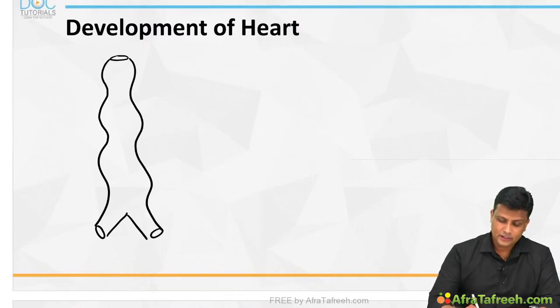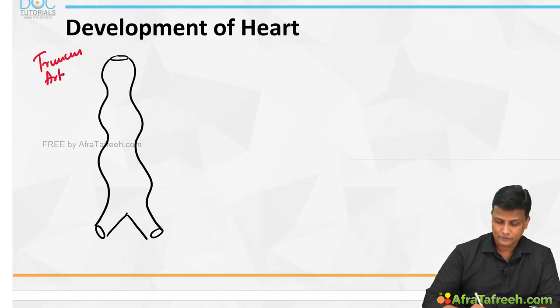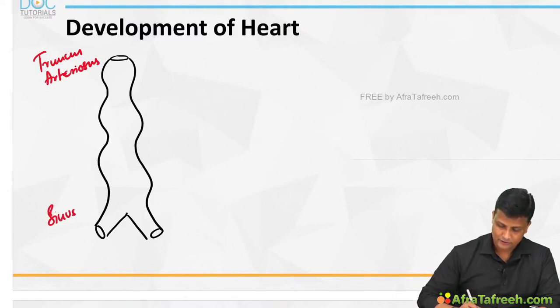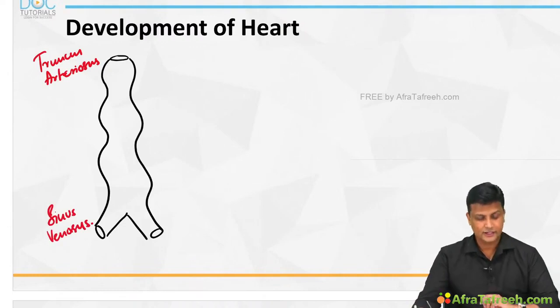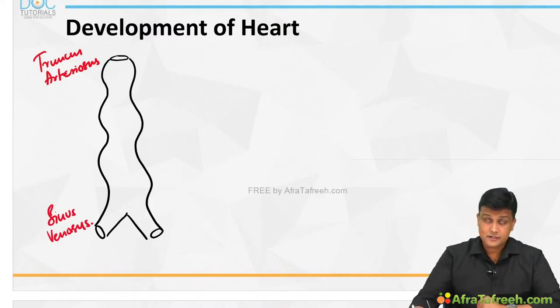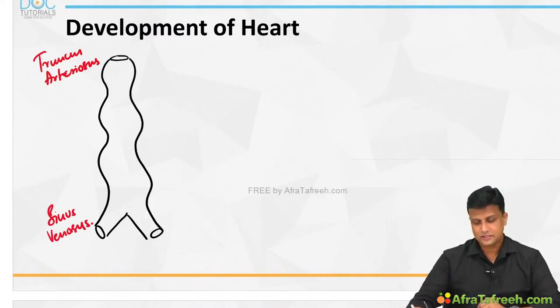Now remember, the cranial most part will be the truncus arteriosus, and the caudal most part here will be the sinus venosus. First you learn this terminology, guys. The cranial part, upper part will be the truncus arteriosus, and the caudal part will be the sinus venosus.